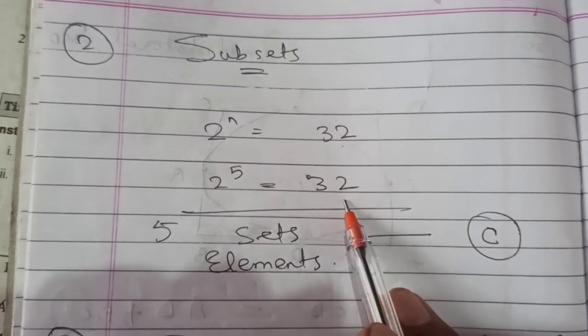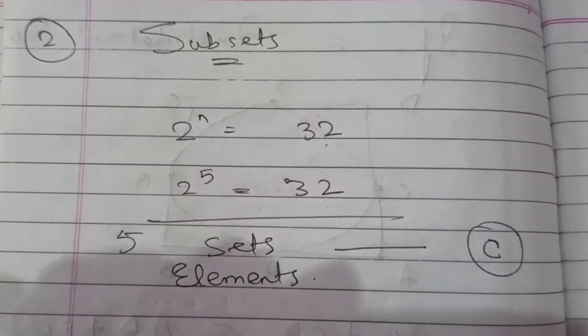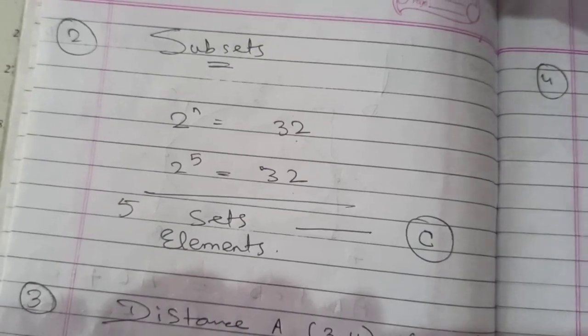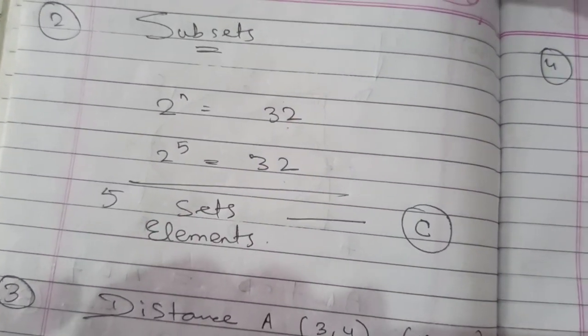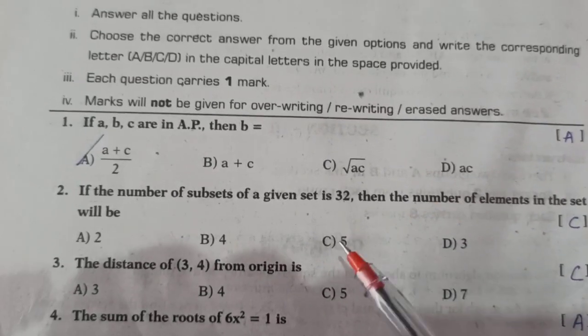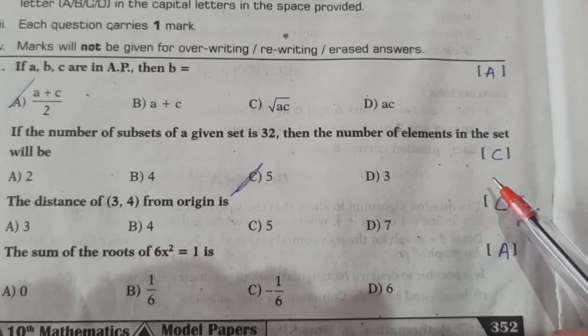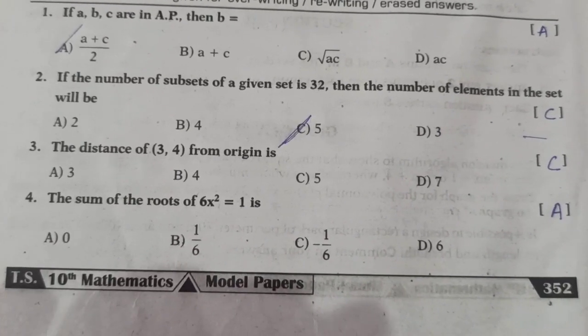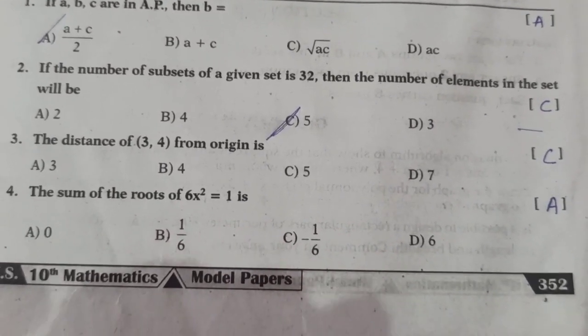When will 32 be formed? 2 power 5 is what? 32. So for this, n equal to 5. So there are 5 elements. So where is 5? Option C. Option C. Okay.